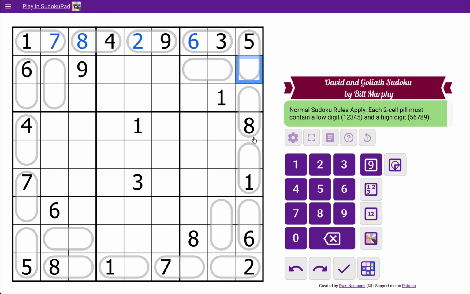It is a low digit, though, so it can only go here or here. It could be here, depending on if the 5 is considered the low or the high. 4, 5, 6, 7. Oh, well, 7's a low digit, so it has no constraints. So this side of the board doesn't have as many constraints.